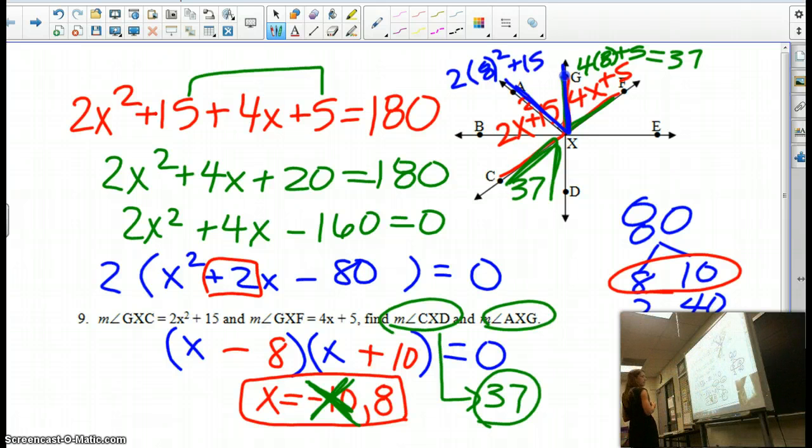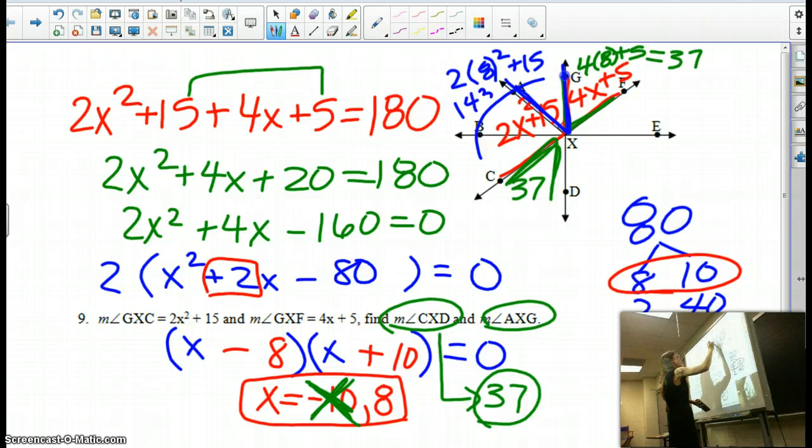I'm just taking my answer and I'm plugging it in. So 2 times 8 squared plus 15. That whole angle is 143. So we know that this is 37 and that one's 143.